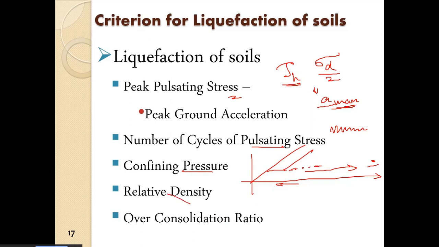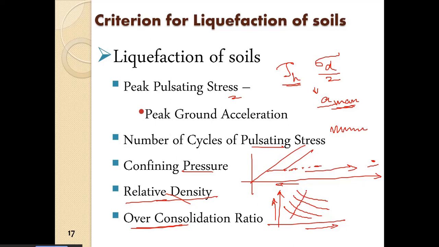Right, then obviously the relative density or the void ratio or whichever way you say it, in fact both of these two are almost similar to each other. So with higher relative density, we saw that the requirement of number of cycles as well as the peak pulsating stress increased.